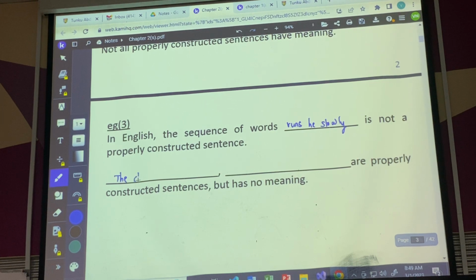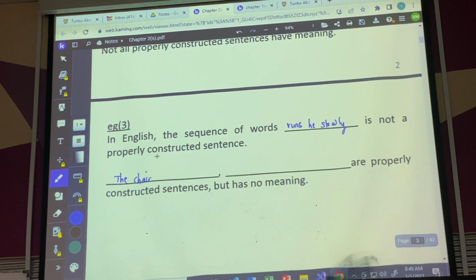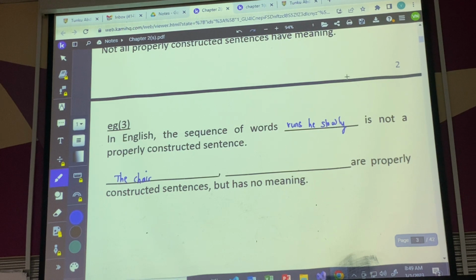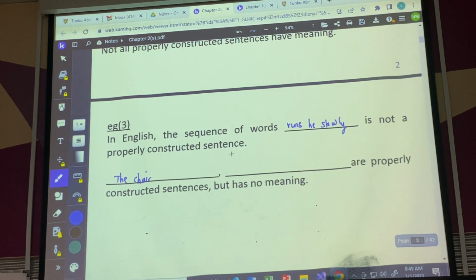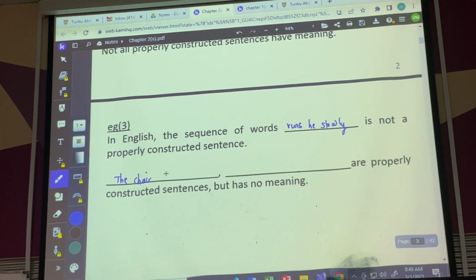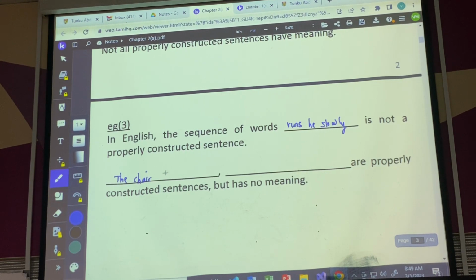The chair, what happened to the chair? To get a correct sentence, slowly. Can we say like this?